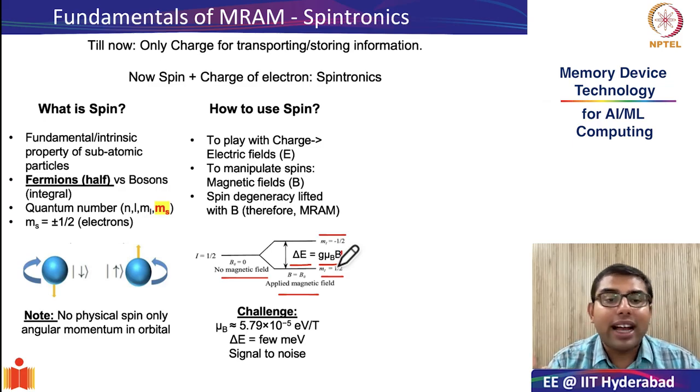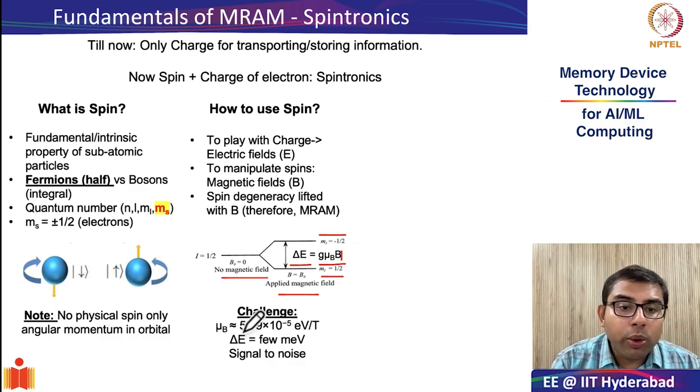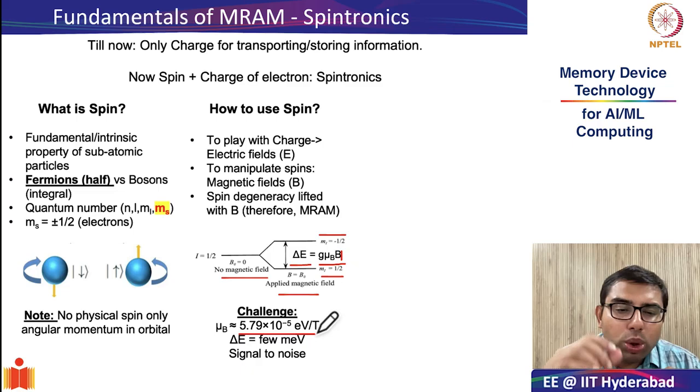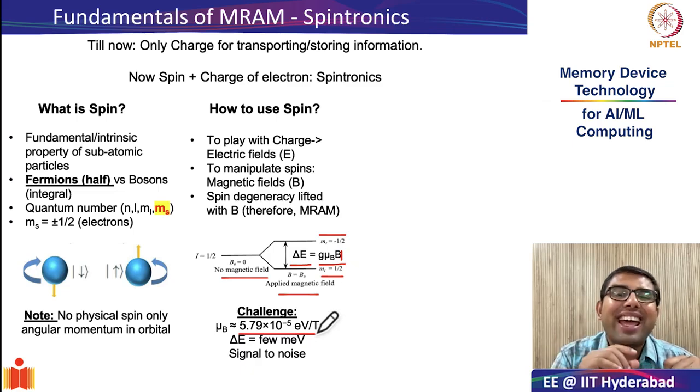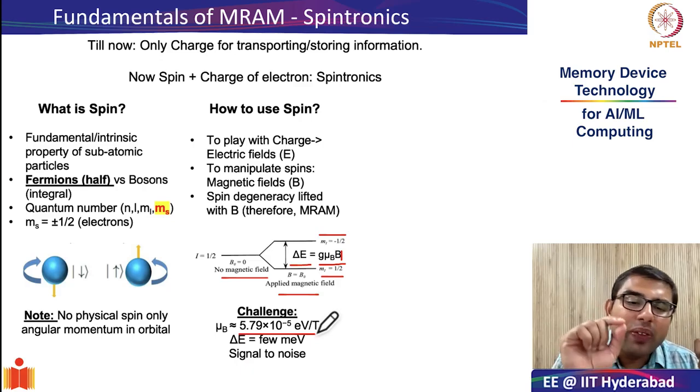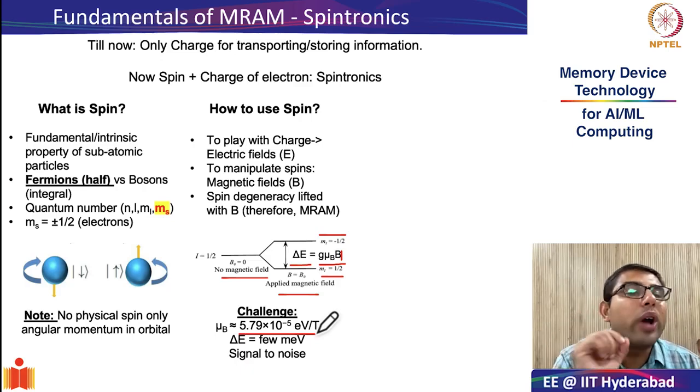It is called the Bohr magneton, and this value is very, very tiny. It is almost 5e minus 5 electron volt per Tesla. So for reasonable magnetic fields, the amount of split in the energy that you get between the plus half spin state and minus half spin state is in the order of a few meV.